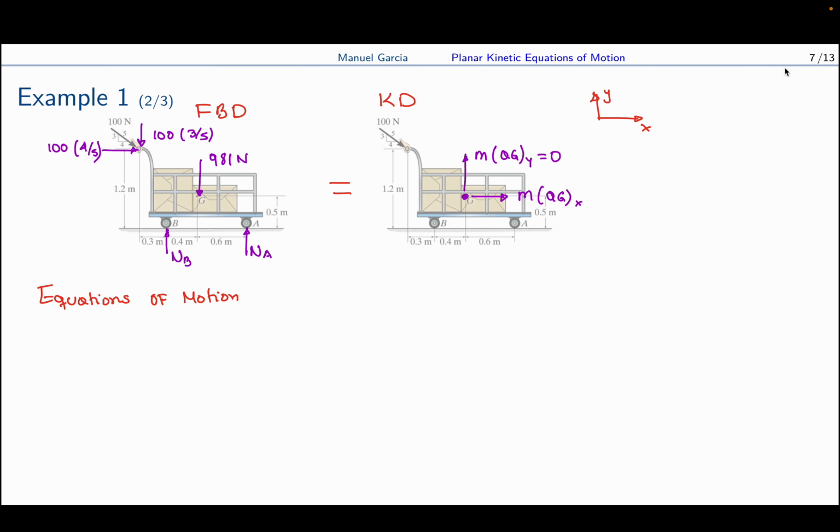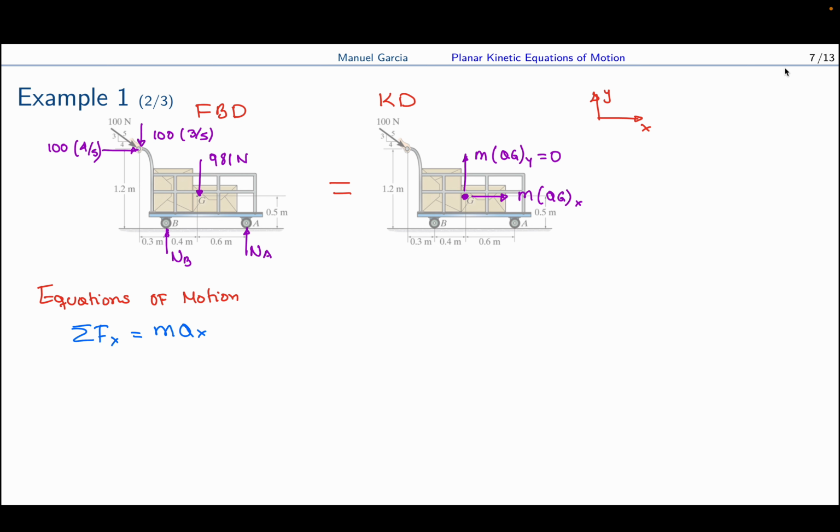We start with the sum of the forces in x, which is equal to mass times the acceleration in x, and this is the acceleration of the center of mass.